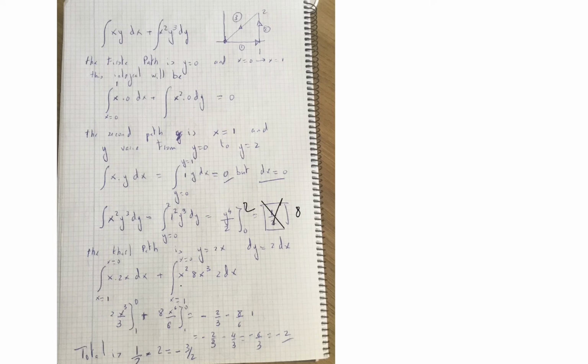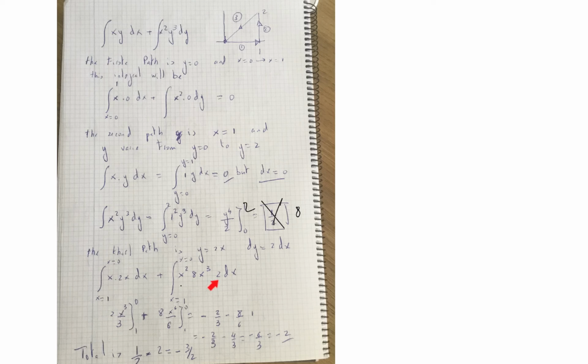So if you do the calculation, it will be 2x squared. The integral will be x cubed divided by 3 between x equal 1 and x equal 0. You are coming back through this path, plus 8 times x to the 5, and the 2 I think I forgot.